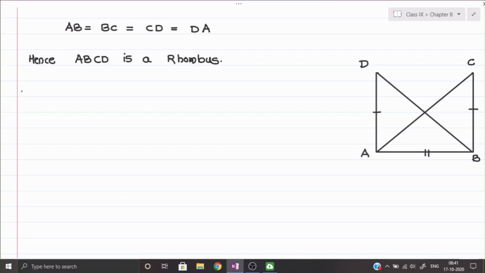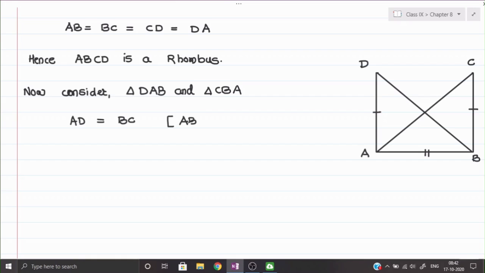So now we shall write down, now consider triangle DAB and triangle CBA. These 2 triangles I am taking. Now in these 2 triangles, first of all you see AD is equal to BC. You can write down proved earlier, or you can write down ABCD is a rhombus.